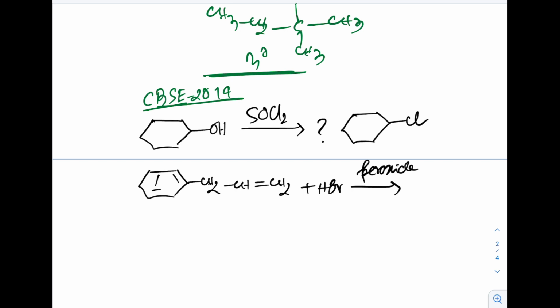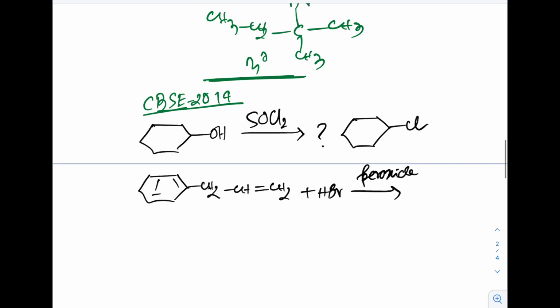HBr in presence of peroxide means anti-Markovnikov addition. So this will be the product, CH2, CH2, CH2Br. It's done.